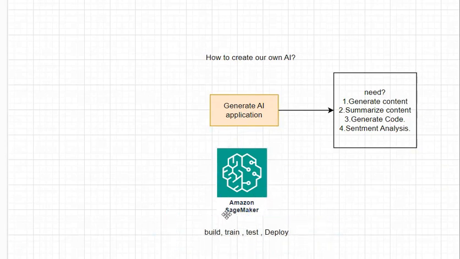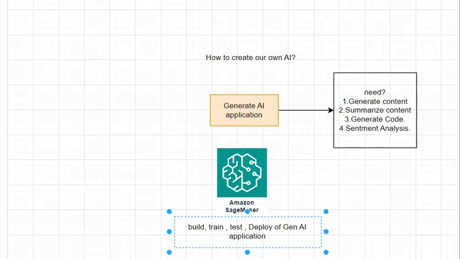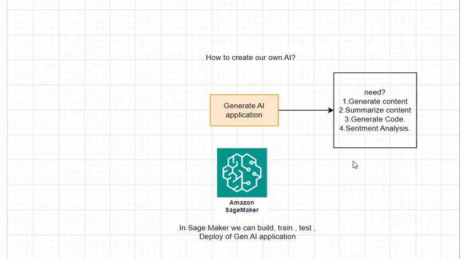By using this service, we can do all these things: building, training, testing, and deployment of generative AI applications. So let's clearly write that in SageMaker, we can build, train, test and deploy our generative AI applications, right? Yes.